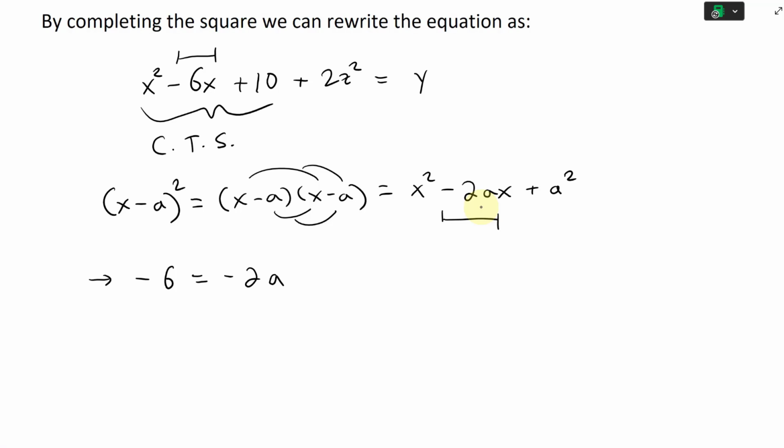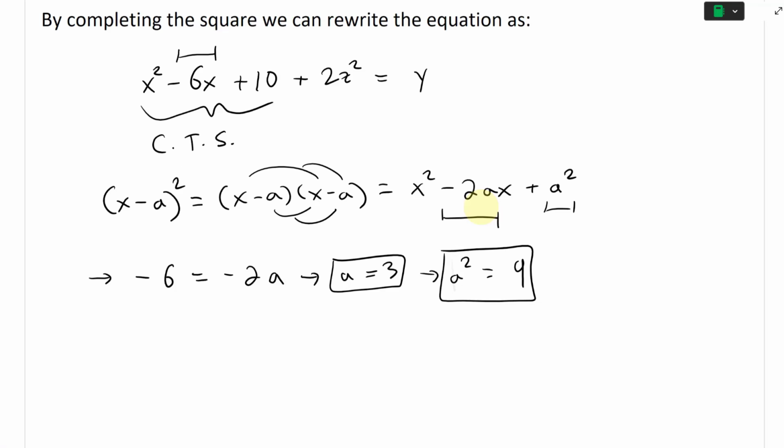So what we'll do is, this becomes positive, and then divide this out. You're just going to get a equals 3. Negative 2 times 3 is negative 6. So that's what we have. And so a is 3, and also a squared is going to be 9.